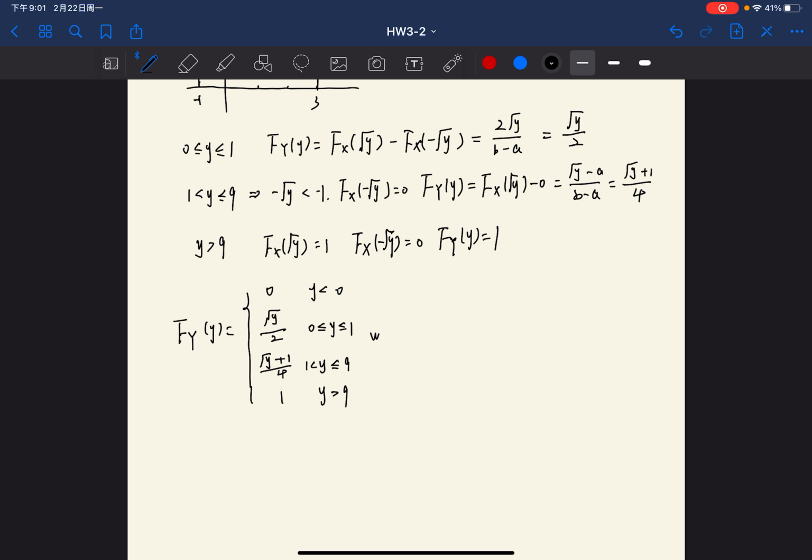And also because capital F y 0 is equal to 0 when y is equal to 0, we can also write the probability distribution function of variable y in this format, and this is convenient for us to calculate the probability density function.